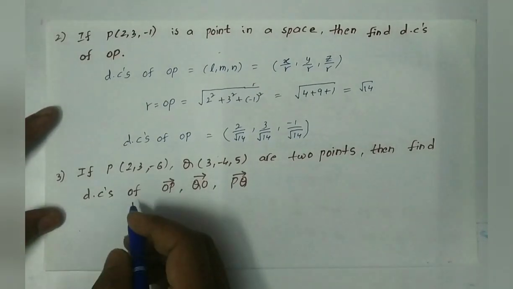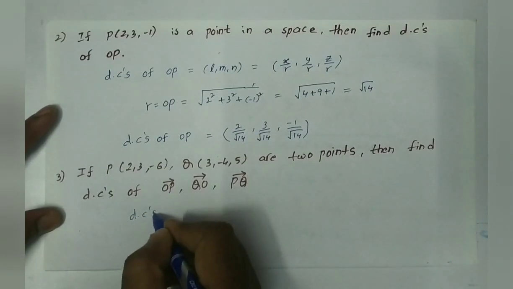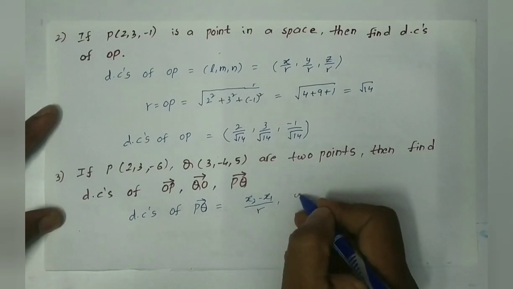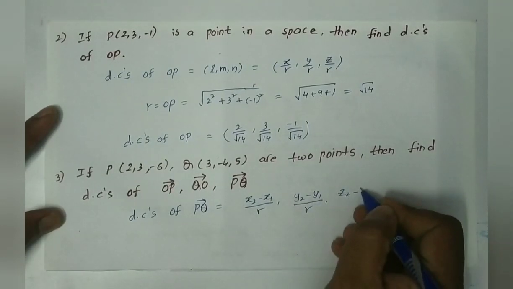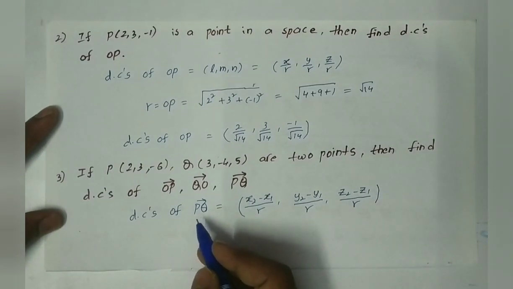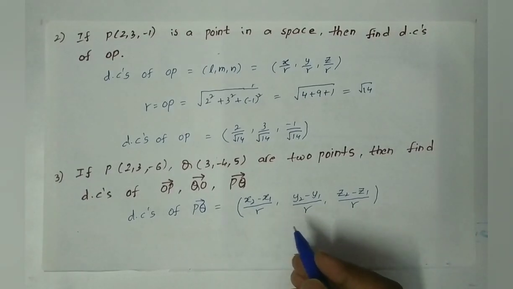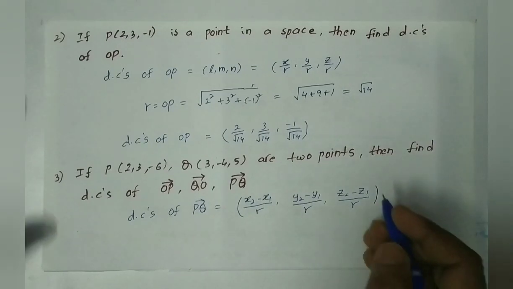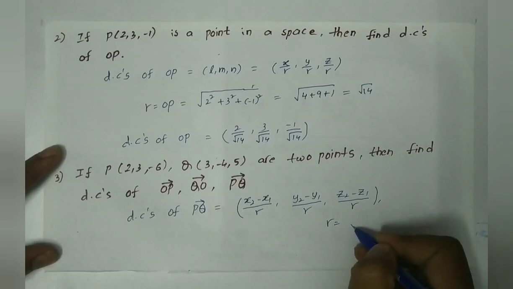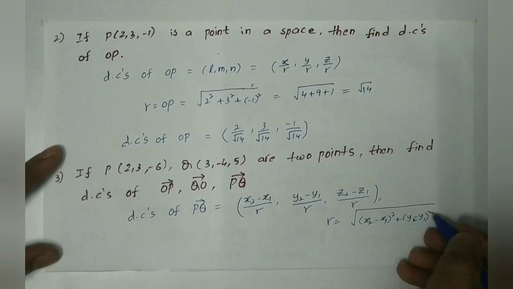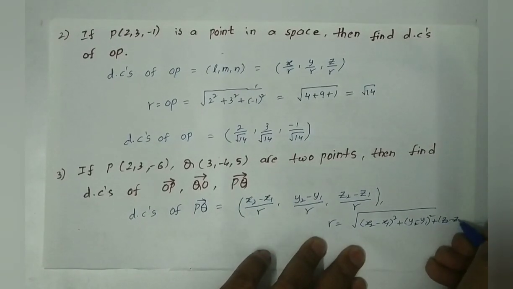The direction cosines of the line joining the points are x2 minus x1 by r, y2 minus y1 by r, z2 minus z1 by r, where r is nothing but under root of x2 minus x1 whole square plus y2 minus y1 whole square plus z2 minus z1 whole square.